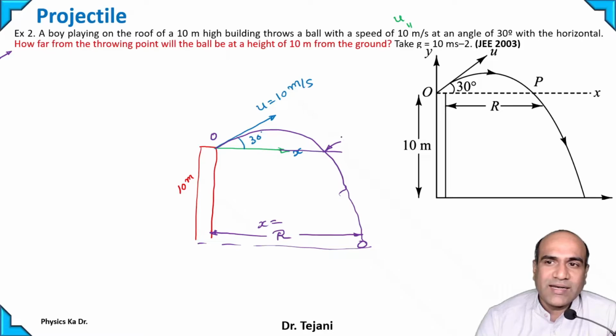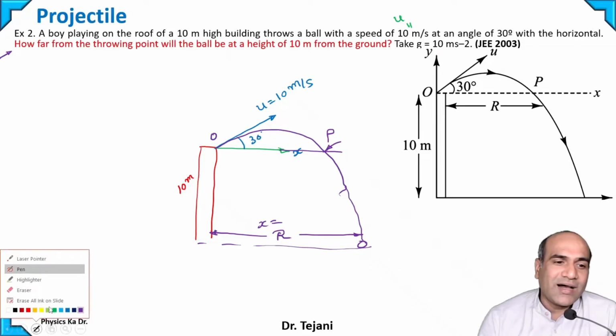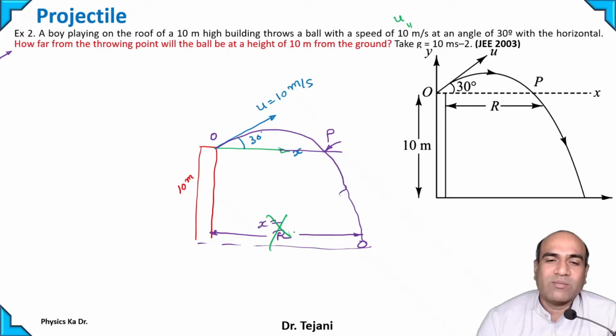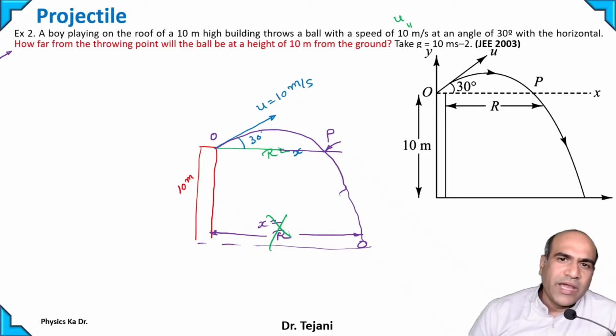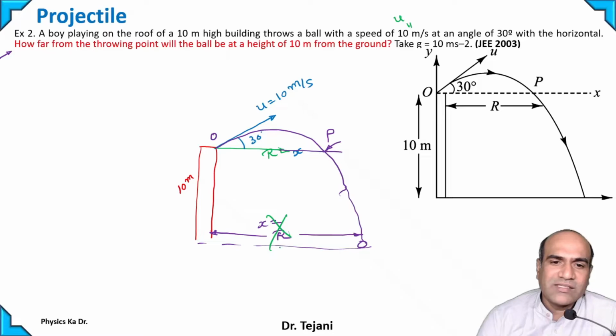So this point, let us call it point P. For that distance, you just need to find the distance to P. So your R is not this one, but the top one. This is the R. This kind of tricky question looks very simple at first instant. You definitely think that this is the range, but this is not the case.